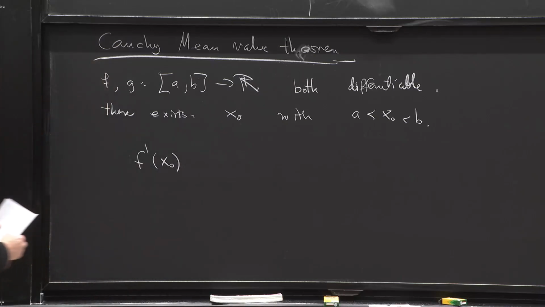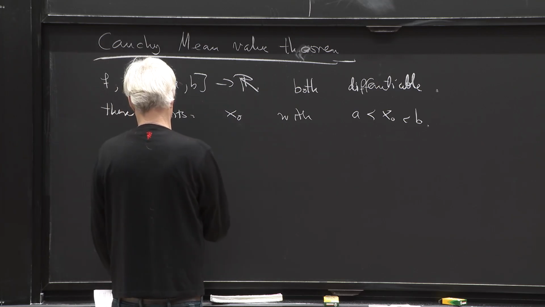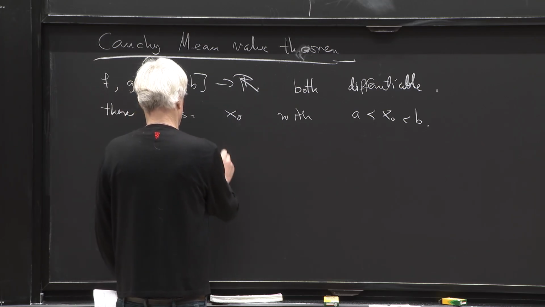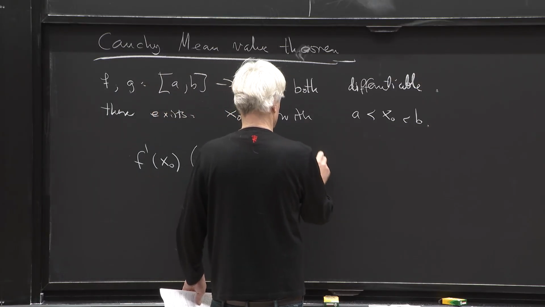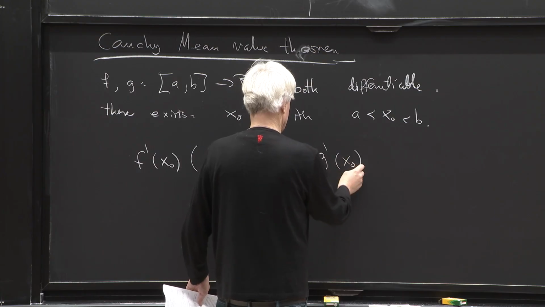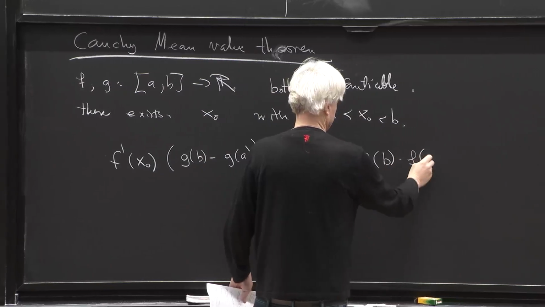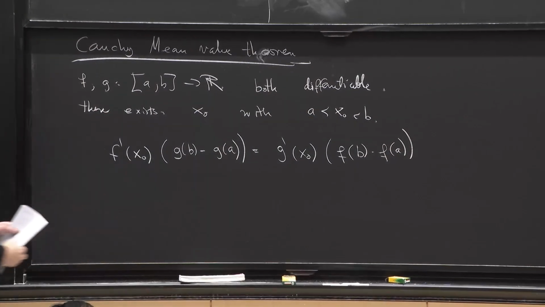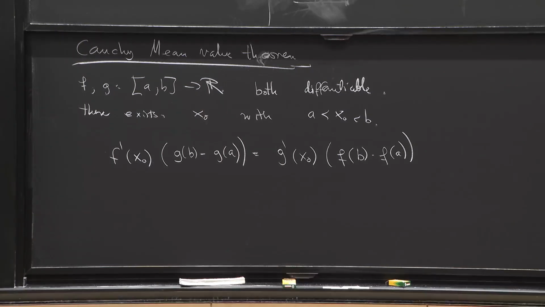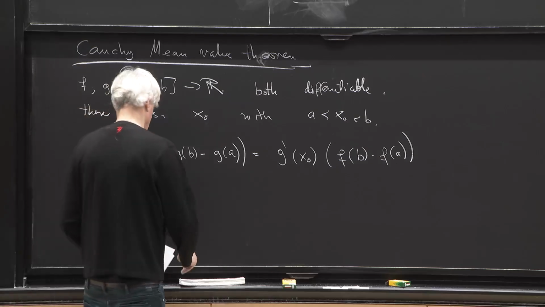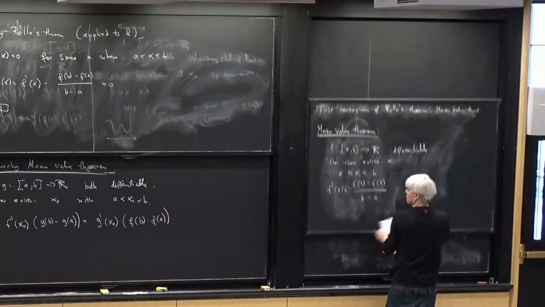I will explain this in a second: the derivative of f at this point times g of b minus g of a is equal to the derivative of g at x0 times f of b minus f of a. Okay. So this is the Cauchy mean value theorem. Let's just look at that expression before we prove it.